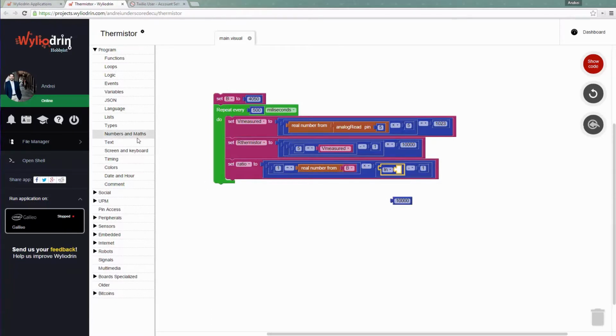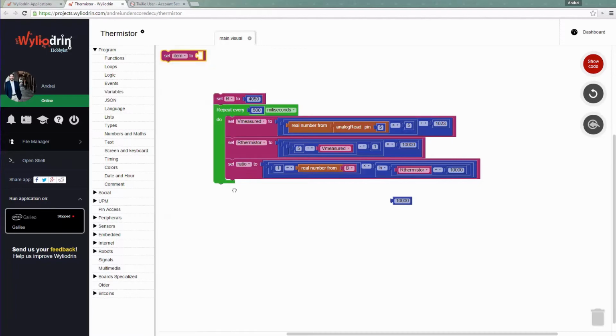Okay, so it's 1 divided by b multiplied by the natural logarithm, and we have to compute the natural logarithm of the resistance of the thermistor divided by 10,000. So we need another block here. Duplicate this variable block and select the resistance of the thermistor.